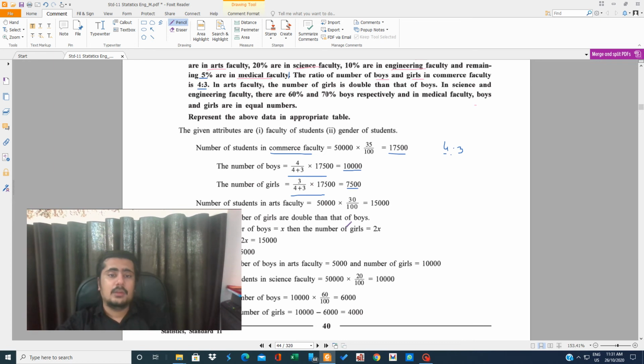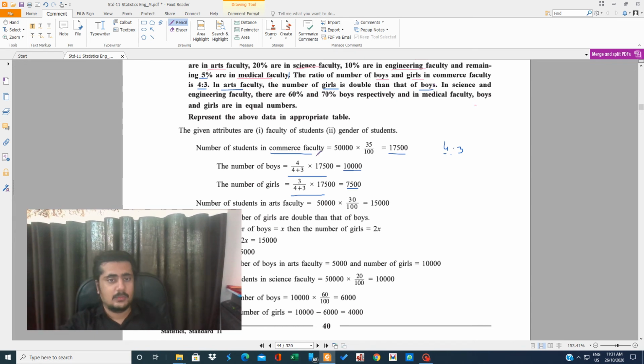Then the number of students in arts faculty. In arts faculty, the number of girls is double that of boys. Now, what is in arts? They said that girls are double that of boys. If boys are 1, girls are 2. Try to understand my instinct, what I'm trying to do.